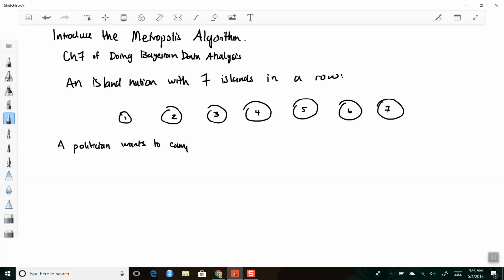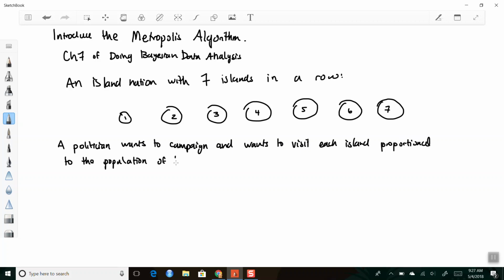He wants to visit each island proportional to the population of the island. That is, if the island has a high population, he wants to visit that island many times, and if it's low population, few visits, okay?